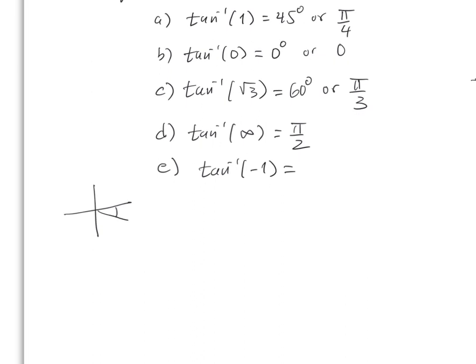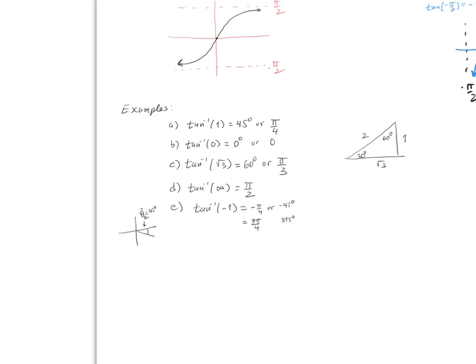So the reference angle is 45 degrees, or pi over 4. So therefore this will be either minus pi over 4 or minus 45 degrees. If you want to write it positive, it will be 315 degrees or 7 pi over 4. Either way is correct. Okay.